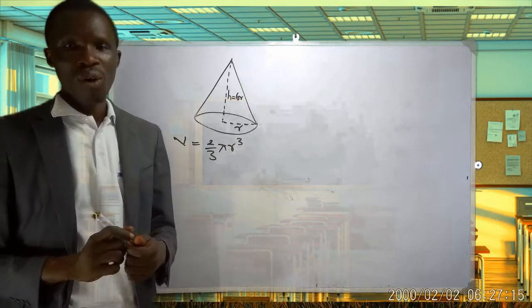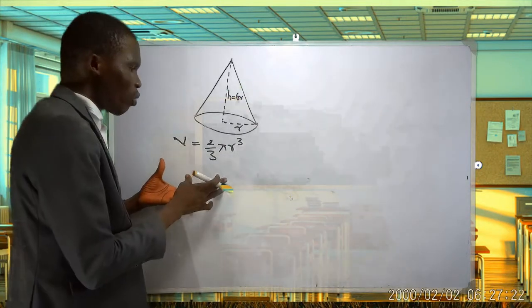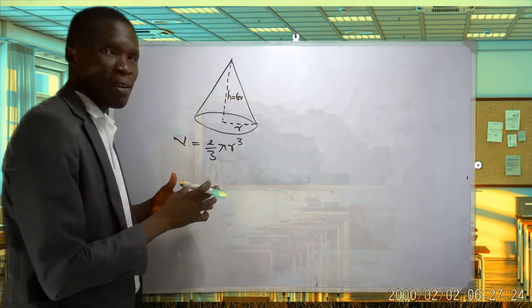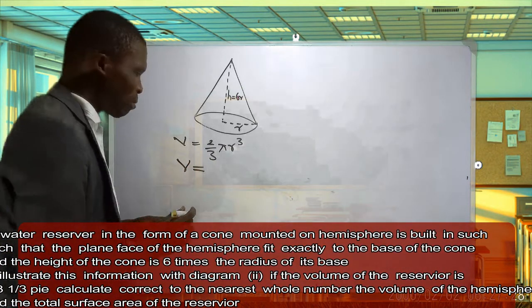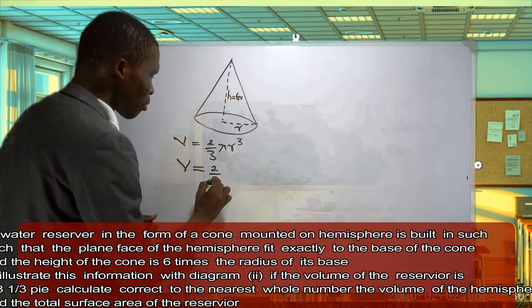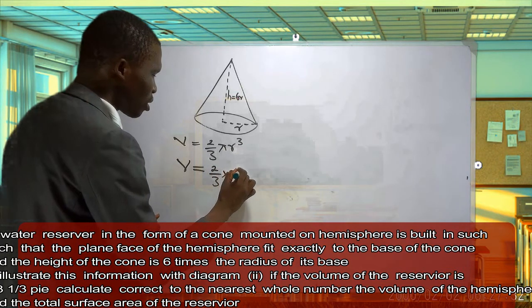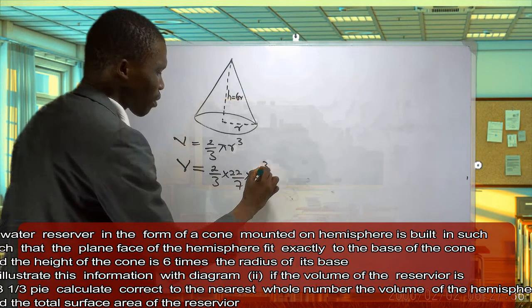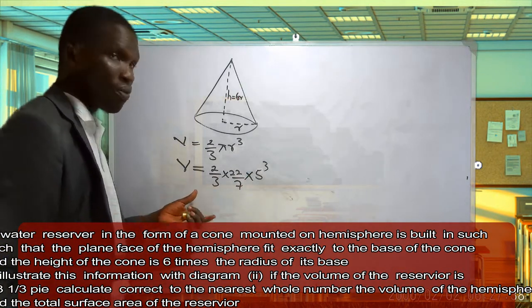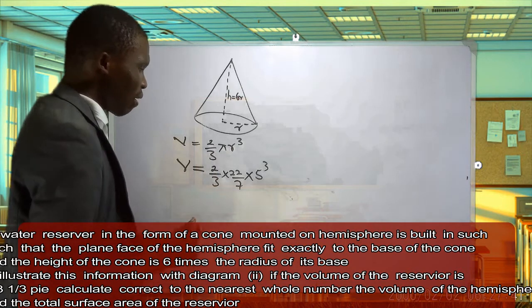Now we need to apply it: V, which is the volume of the hemisphere, will give us 2 all over 3 times 22 all over 7 times 5 cube. Remember the value of r is 5.